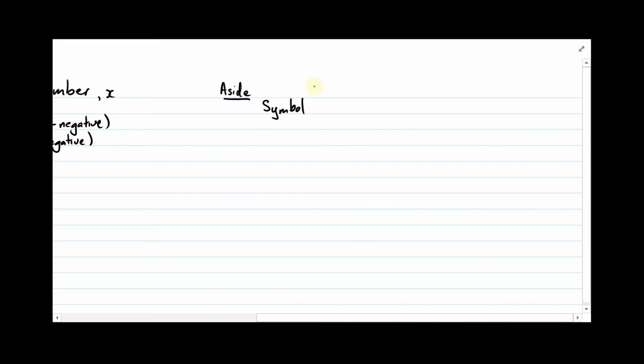Let's say that x is some real number, and we can write the algebraic statement x is greater than 0, which you know. And what do I mean by that? So examples of x could have been, say, 0.2, 1, 1.7, 27, etc. And here we say that these are just positive numbers.